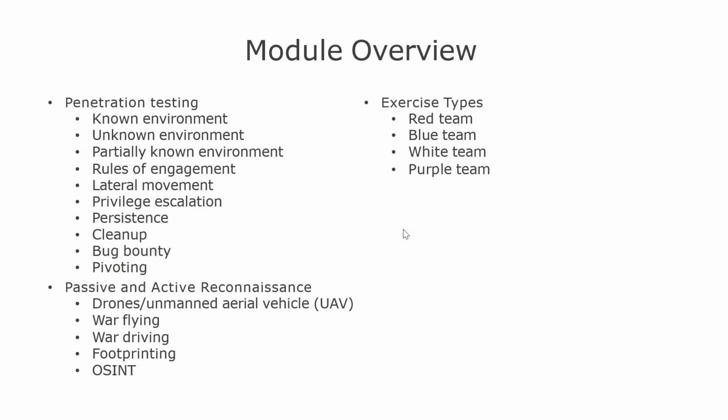And you might need some privilege escalation, persistence, cleanup, bounty, and pivoting. So these are the initiatives which we are going to do with penetration testing. Here we have active penetration testing and passive, both. So as part of this discussion, we'll discuss this.